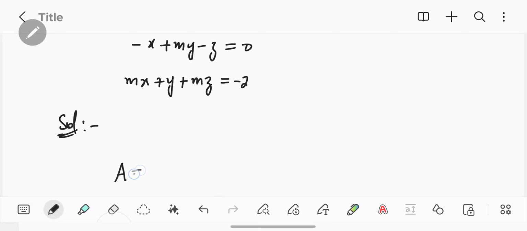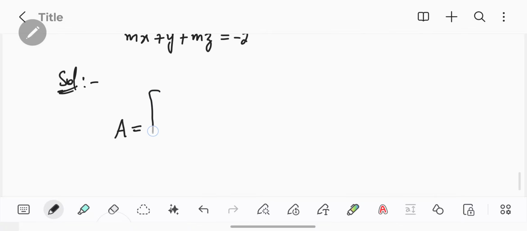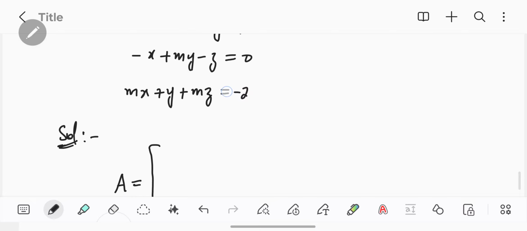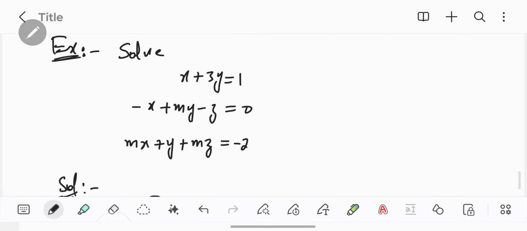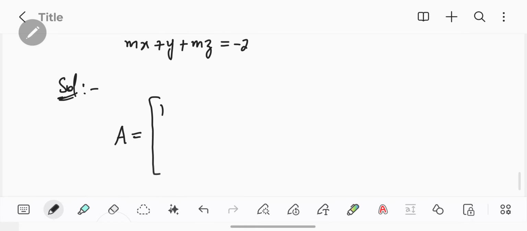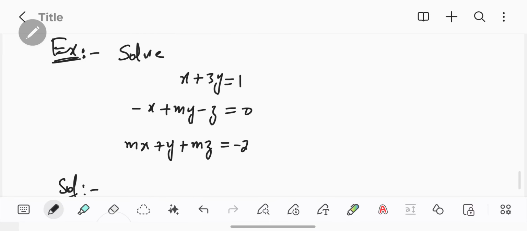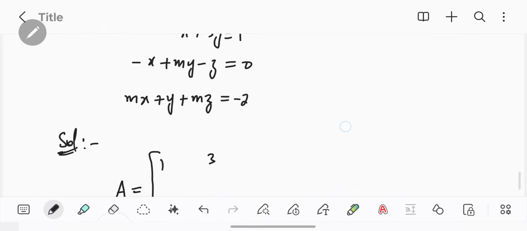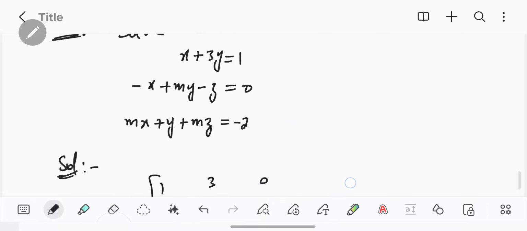So my matrix A is the coefficient matrix. Here the coefficient of x is 1, so I will write 1. The coefficient of y is 3, so I will write 3. In this equation, there is no coefficient of z, so that means z is absent. So I will consider the coefficient of z as 0.